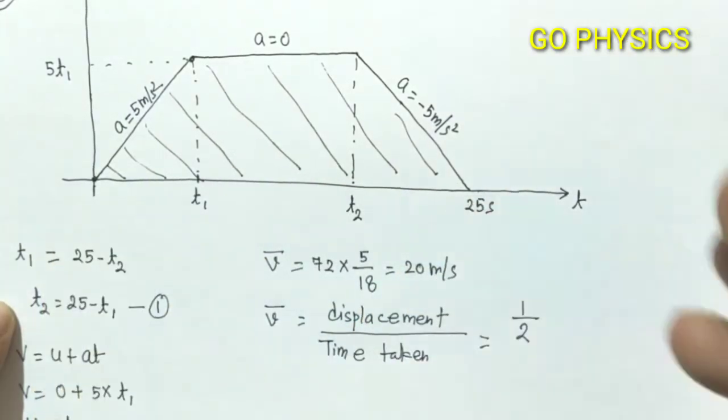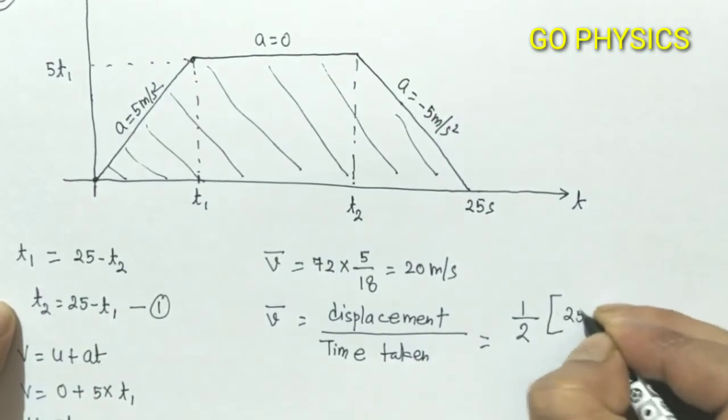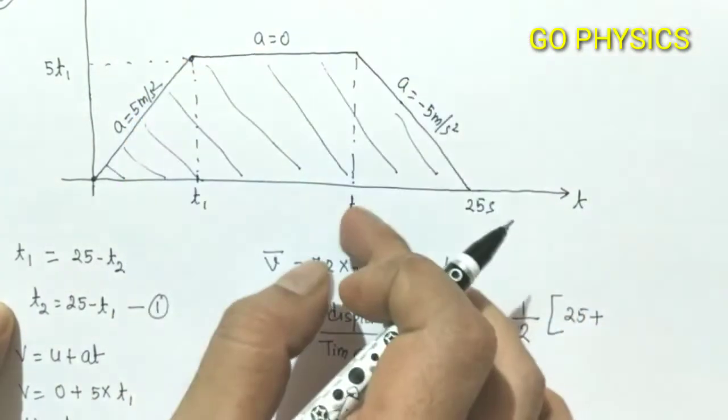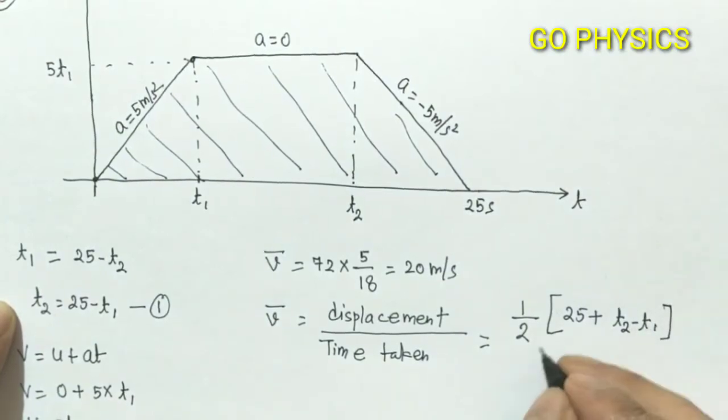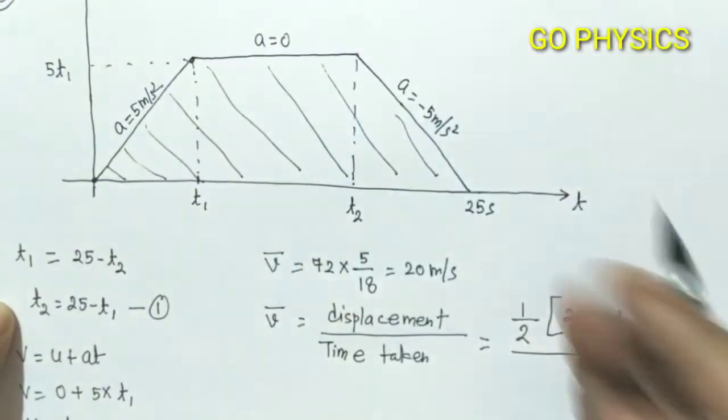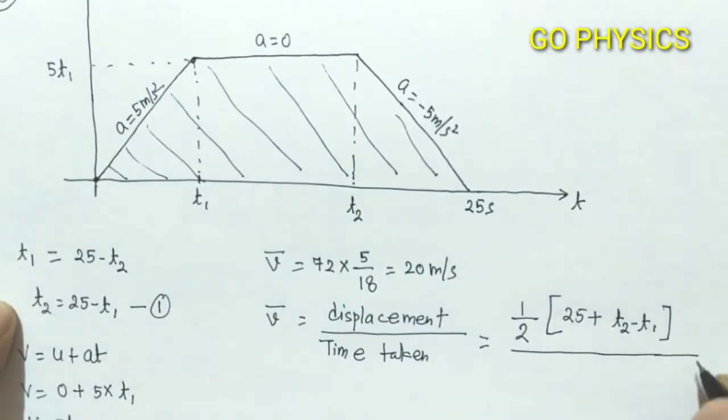This is 25 plus this length. And what is this length? t2 minus t1, multiplied by the height. And what is the height? 5 t1. So this is the displacement of the particle, divided by the total time taken. And what is the total time taken? 25 seconds.